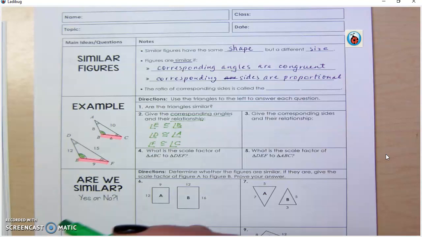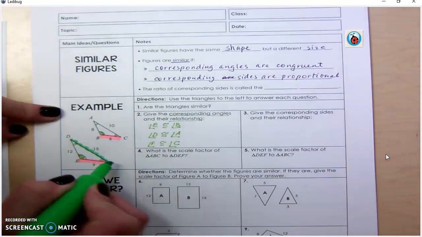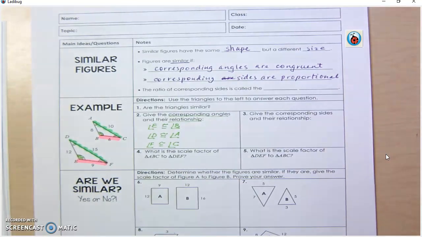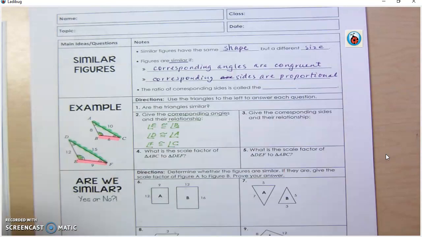Again, same position, different location. So then I will just do a squiggly line for this and a squiggly line for this.